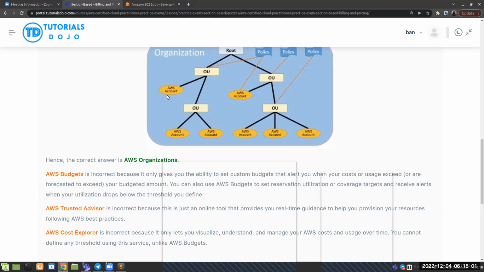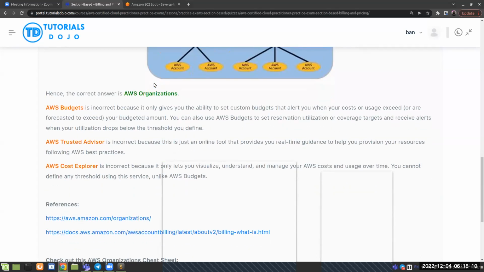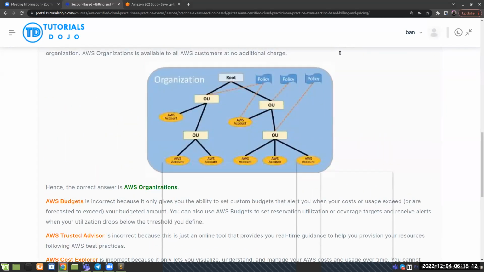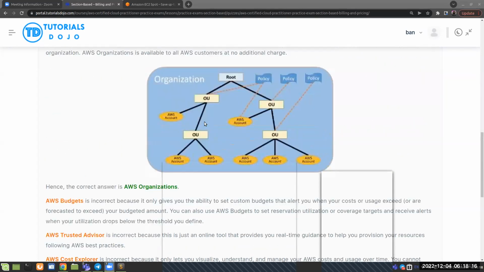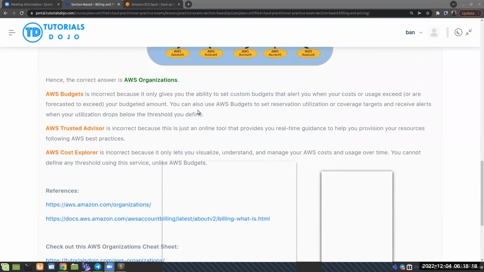There's no need for separate bills for each account. All that is being spent, you pay from one account. So you always have a master account where you do the consolidated billing. So that's all you have to remember with Organizations.